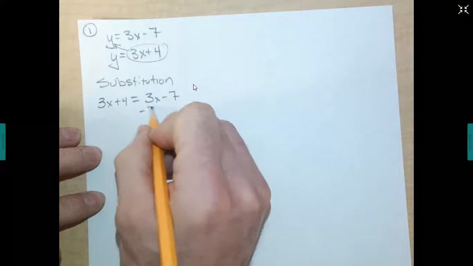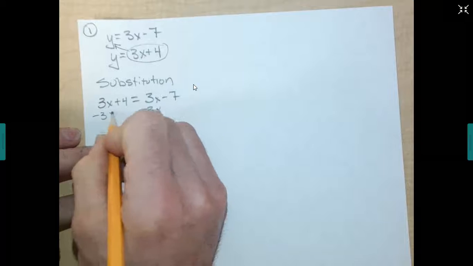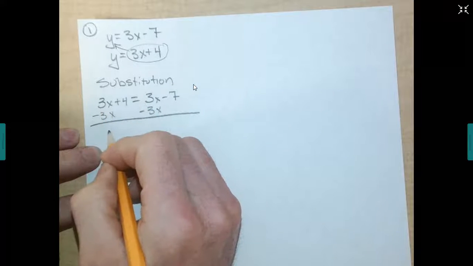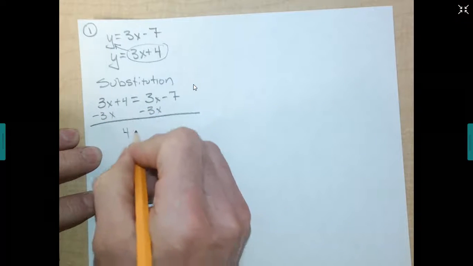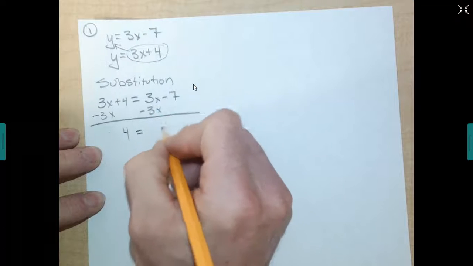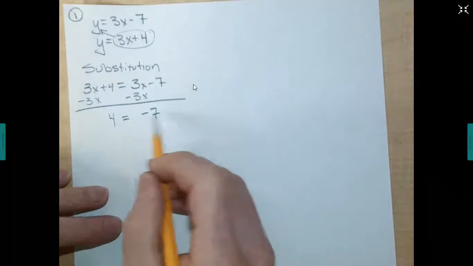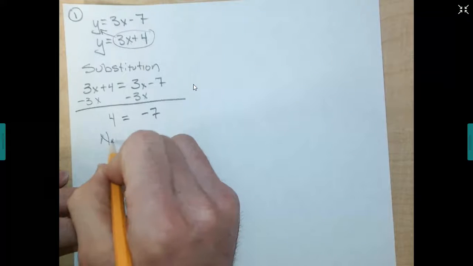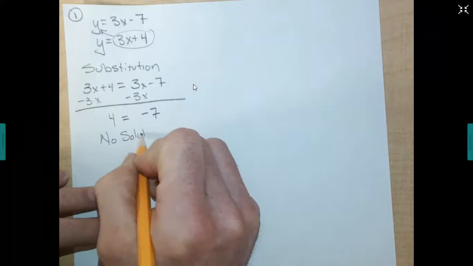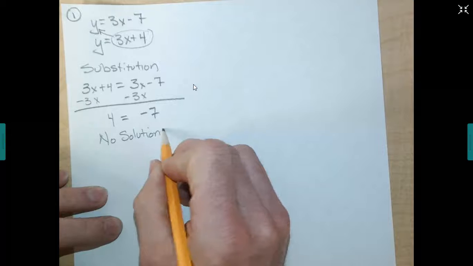I'm going to take the x's to this side. Those cancel out and I get 0. So I have 4 equals negative 7. Well, that's never true. So with arithmetic, I also get no solutions.